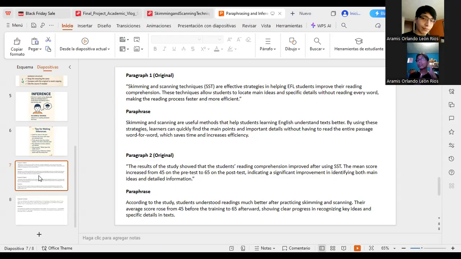And since the study shows strong and significant results, we can infer that skimming and scanning in a general context are valuable tools that teachers should apply regularly to help students read better and faster.